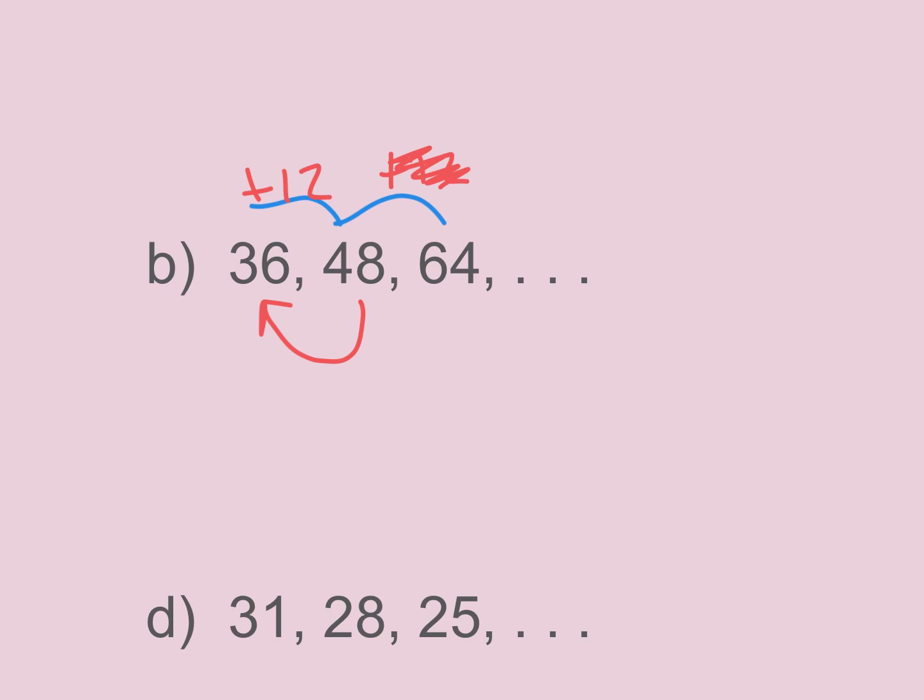There is. What is 48 divided by 36? 1.3 repeating. They could have been multiplying by 1.3 repeating. I'm going to check and see if that works.